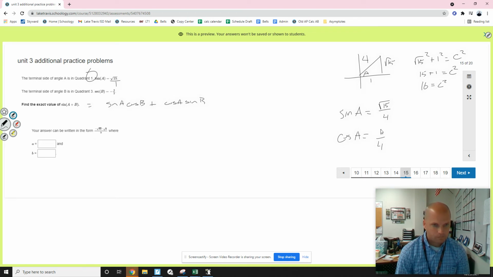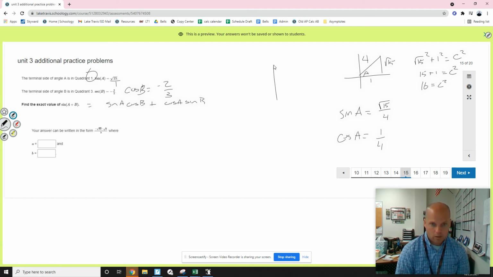Great. Let's focus our attention on B. Well, hold on a second. You can either keep it as secant or switch it to cosine. If I switch it to cosine, I see that the cosine of B is negative 2/3. So I flipped the negative 3/2.